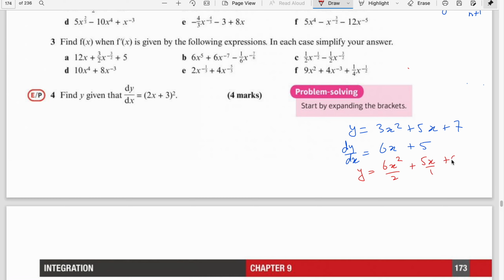So let's try this. This is 5x^4, so that would be 5x^5 by 5 minus, this is negative 3 by 2, so negative 3 by 2 plus 1 is negative 1 by 2. So we increase the power by 1 and divide by the new power, and this is minus 12.